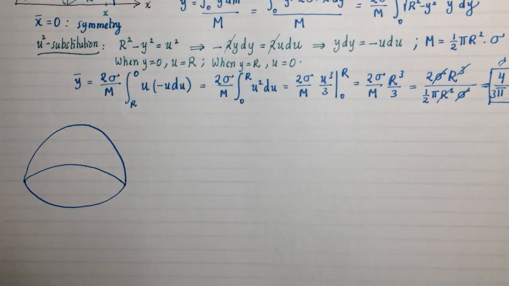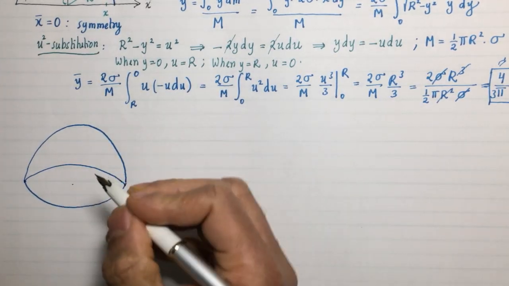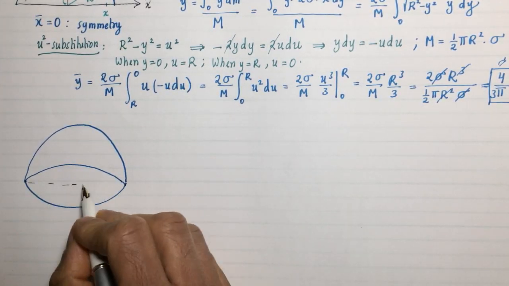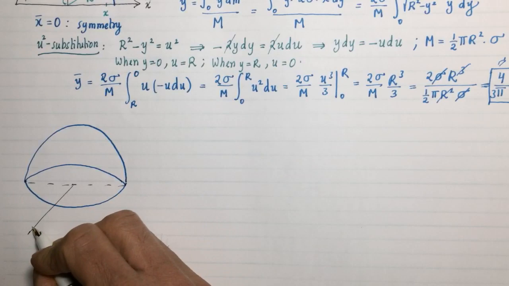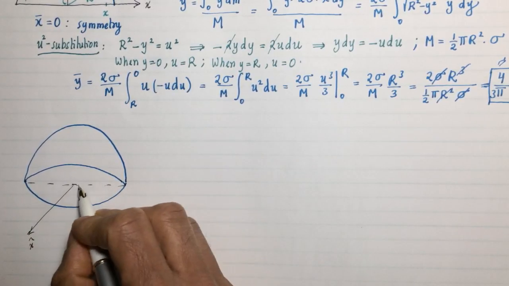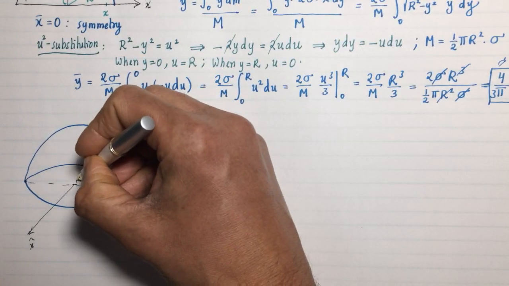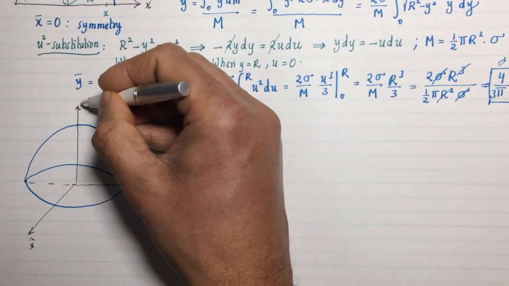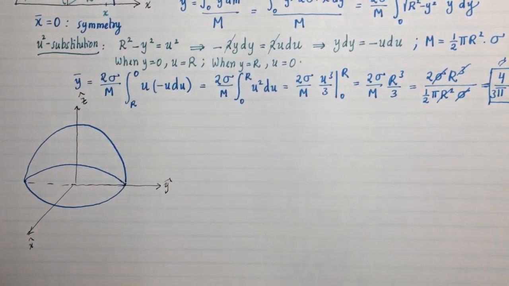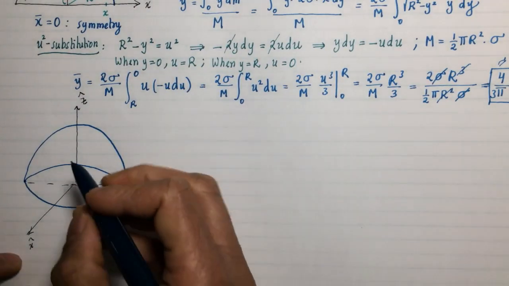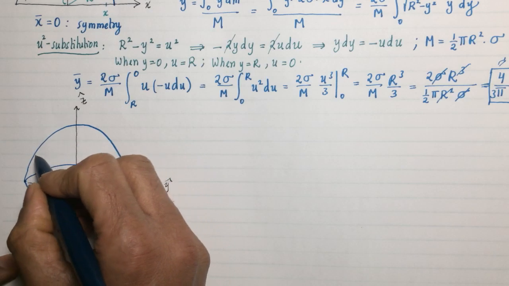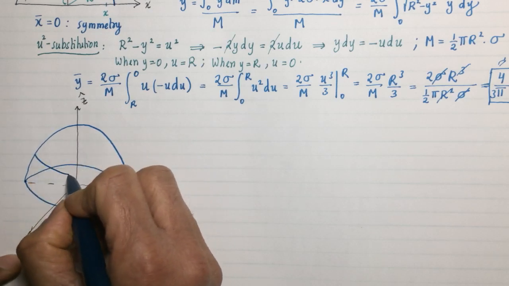Apologize for the rough drawing, but this is going to be your x hat direction, that's going to be your y hat direction, and that is z hat. This time the volume element, you have a volume element, not an area element anymore.